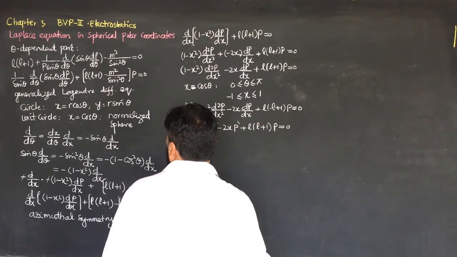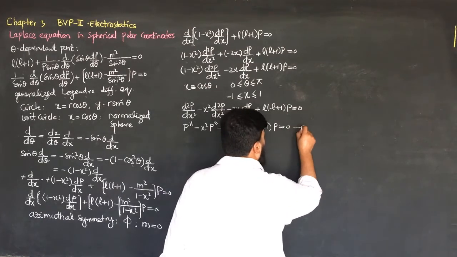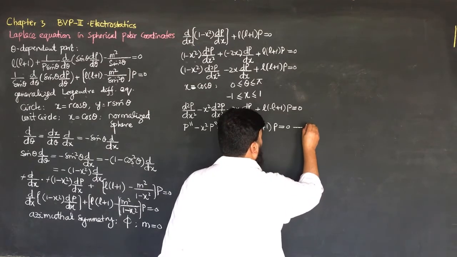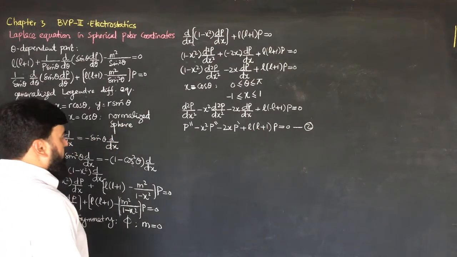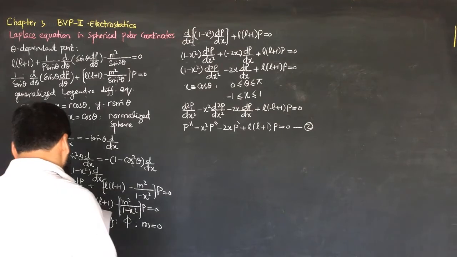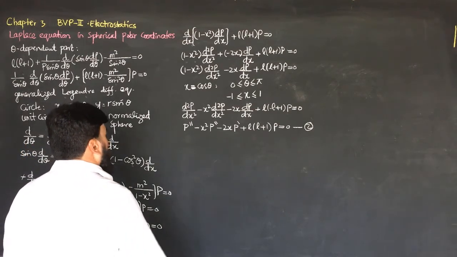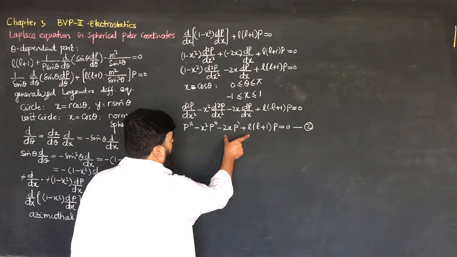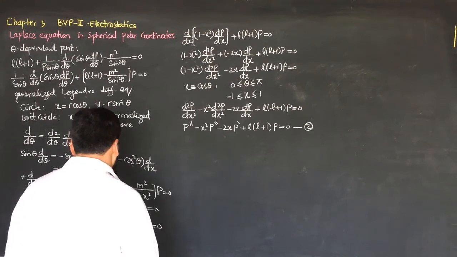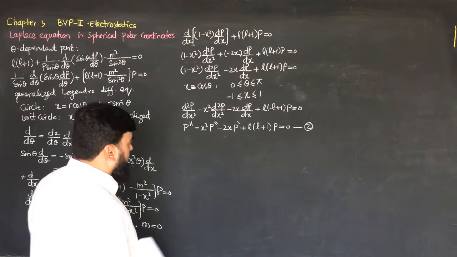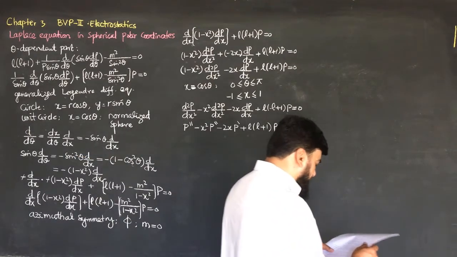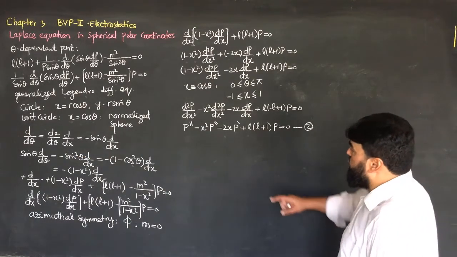Let me call this equation 2. So this is our Legendre Differential Equation with azimuthal symmetry. This is the generalized representation, and now we will solve this one.